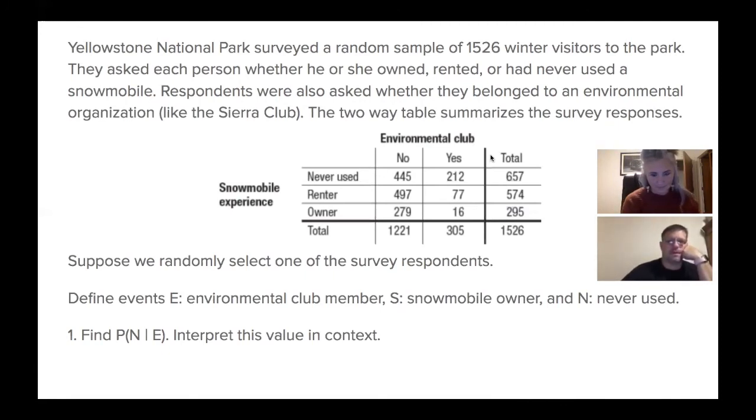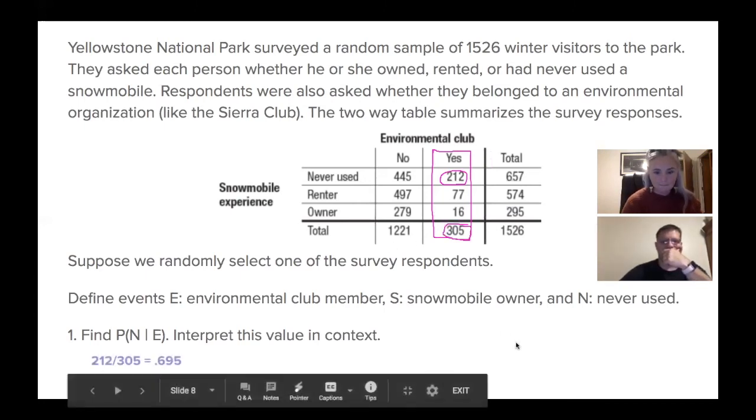So given E, we want that column, yes, right? So we want this column, and the ones who never used would be these guys right here divided by this guy right here. I agree.